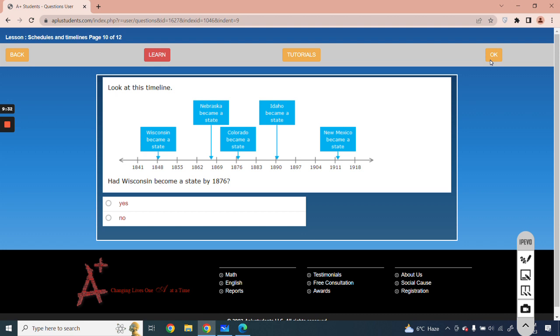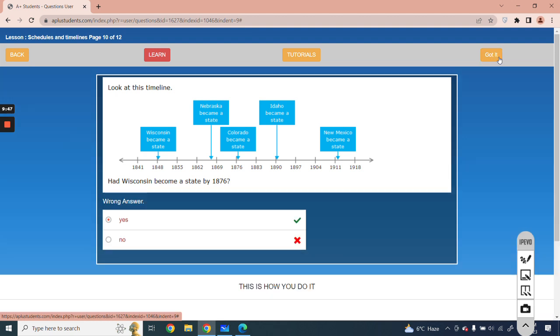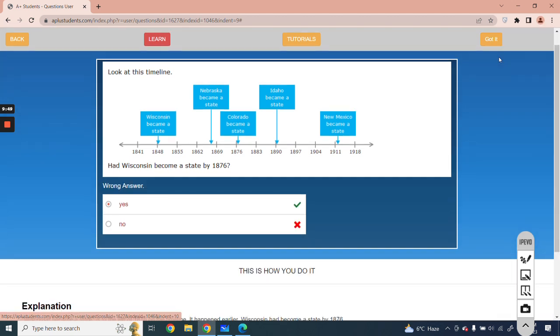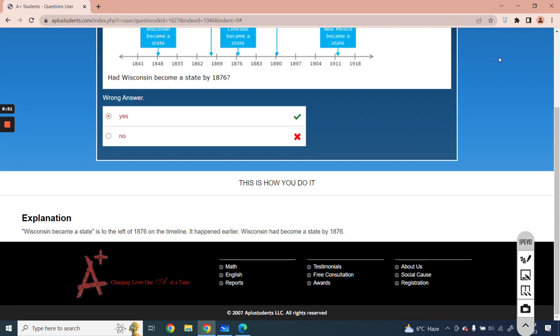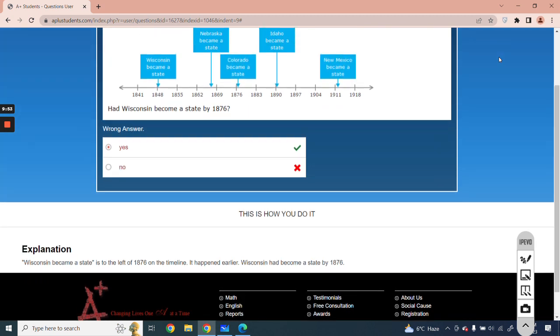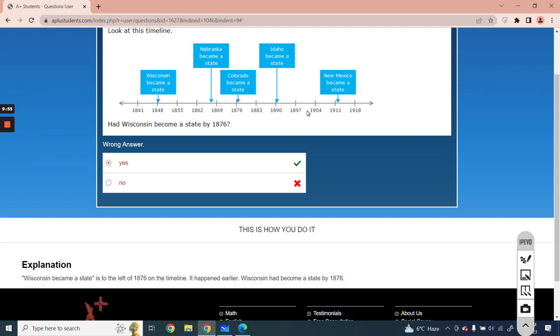Because it is before 1876. On 1876 it is Colorado. So the answer is no. Got it? Oh, it is on the left of 1876. That means the option is yes. Got it?